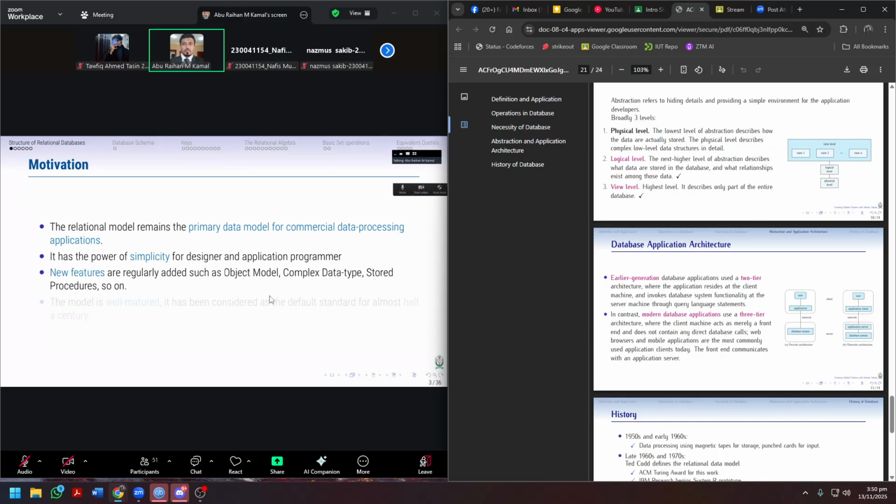And new features have been added like object modeling. Previously, we had only scalar data. Now we have complex data, like images, video, and all these things. And we can also write programs like a C function. What is a function? A function is a stored program that takes some inputs and returns some value. The same concept is valid here.